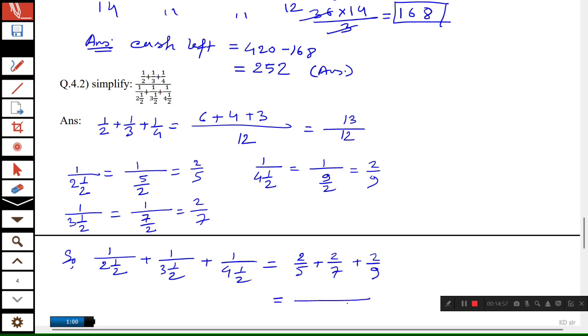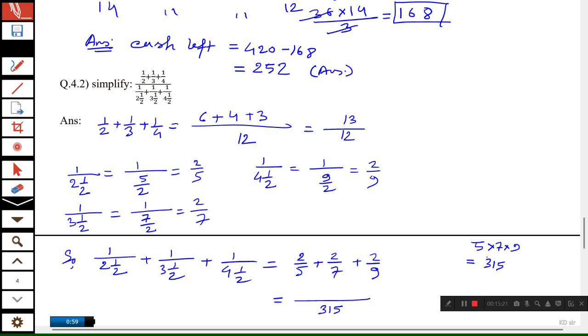So if I add these, the common denominator is 5 into 7 into 9, so 315.